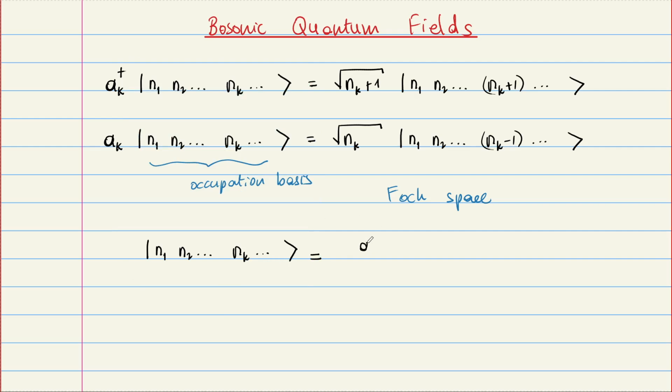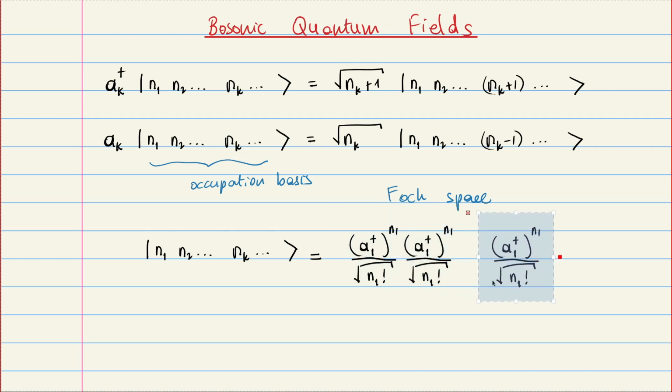There's A1 dagger to the power n1, divided by the square root of n1 factorial, and I repeat this for all the others, n2, ... up to k.